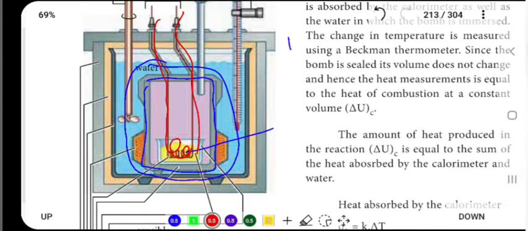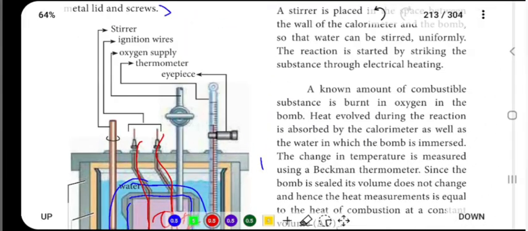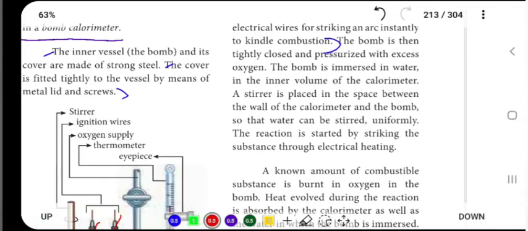Also, oxygen is supplied inside the bomb, so there will be a lot of fire and the substance can burn easily. The bomb is then tightly closed and pressurized with excess oxygen.